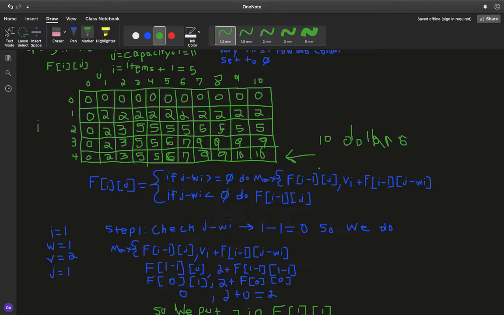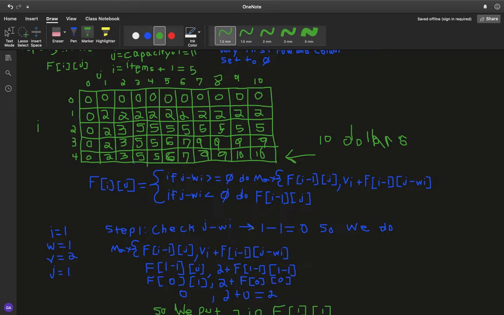So you take the max of either of these two and put it in the table if the capacity minus the weight is greater than or equal to 0. But if it's less than 0, you just do this equation here, f sub I minus 1 and then just j.